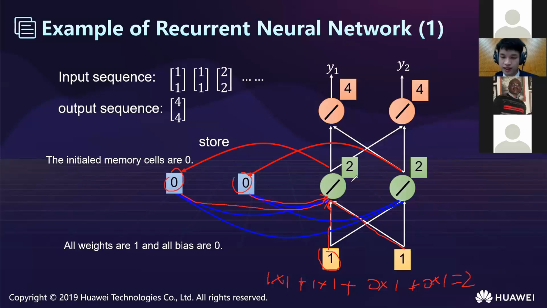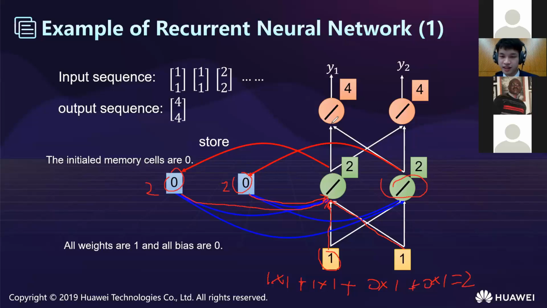So that is how we get the 2 in the memory cell here. And that is the same way to get the value 2 in this memory cell. And then we store the value of this memory cell into here. So we need to update the value in the memory cell from 0 to 2.